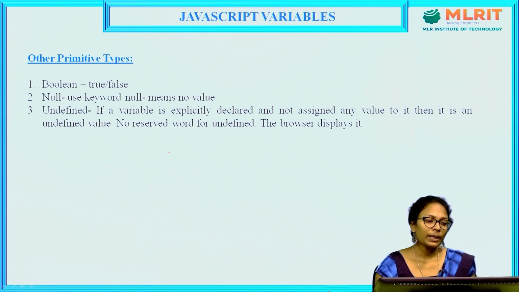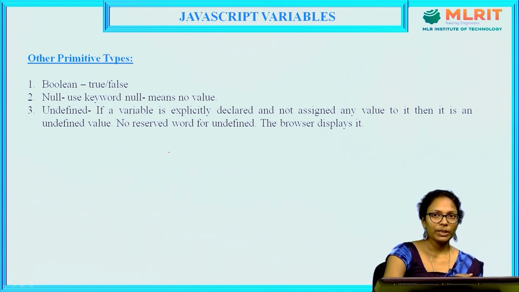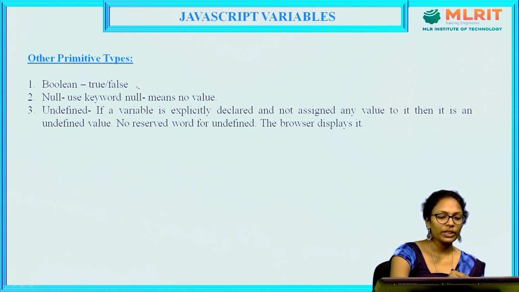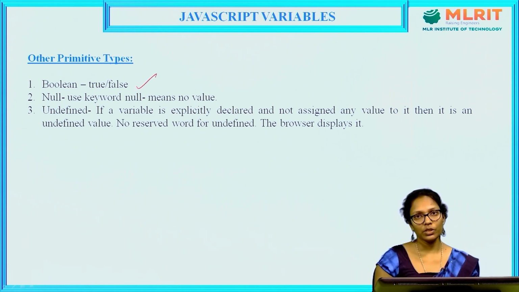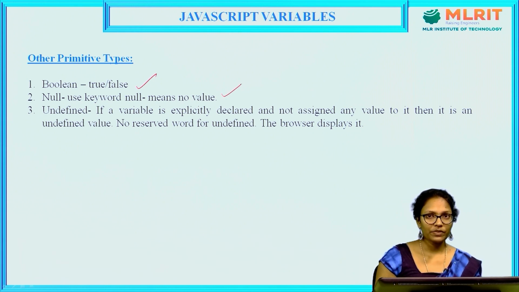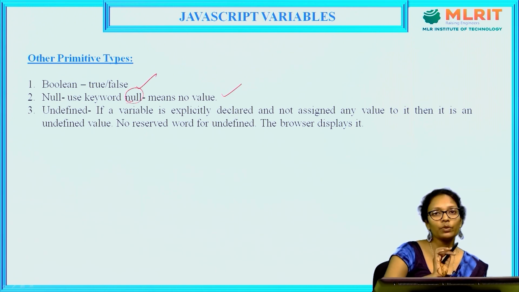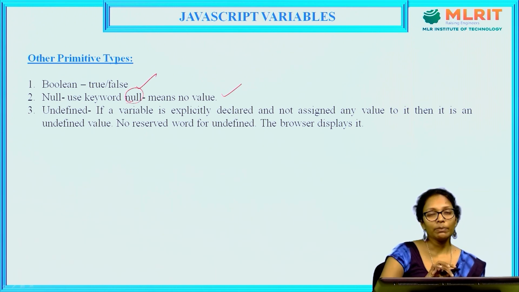Other primitive types: we have seen the predefined primitive types like number, string and boolean. For boolean we have only two possible values, true or false, and next is null. Null is a keyword. What is the keyword assigned for null? It is null, which means no value.